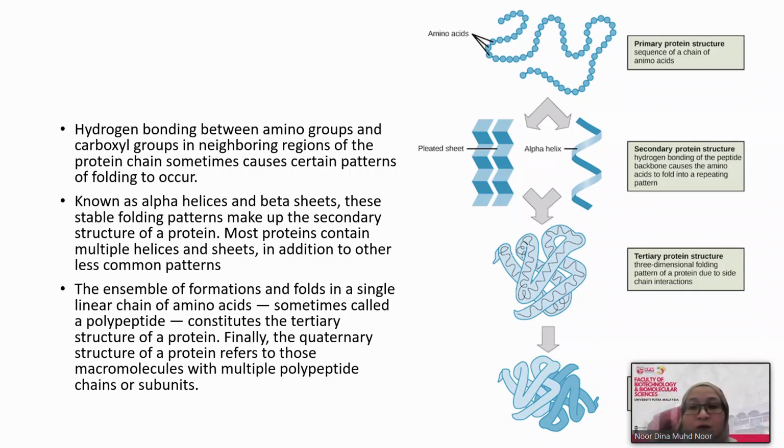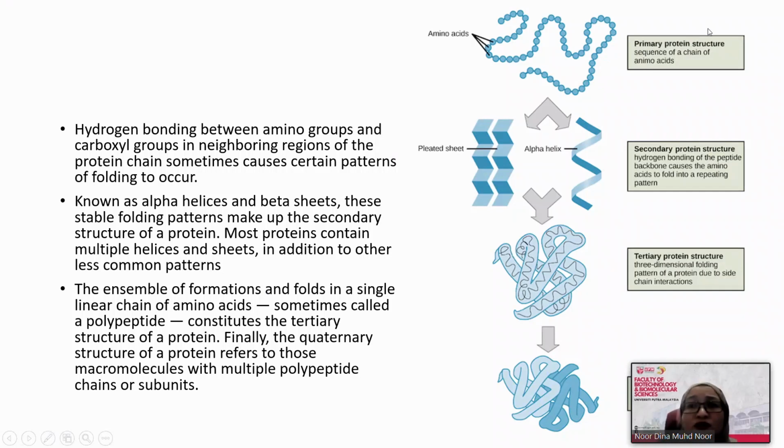It also depends on the environment the protein is in, whether in water or in lipid. So the amino acids behave differently. This long sequence we call the primary protein structure.